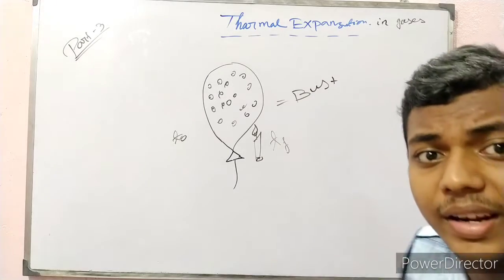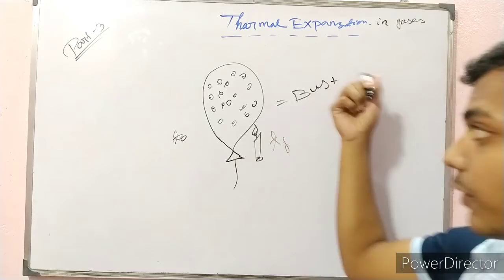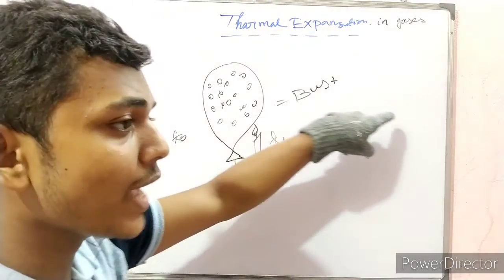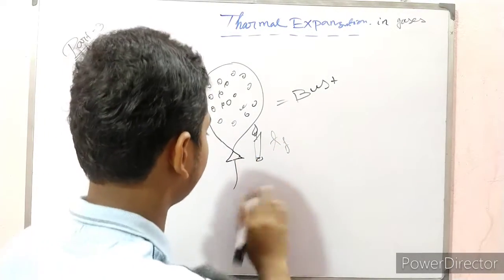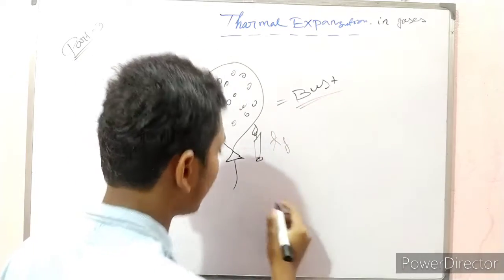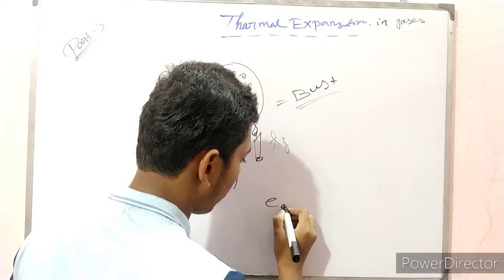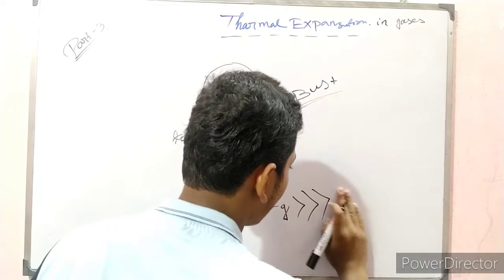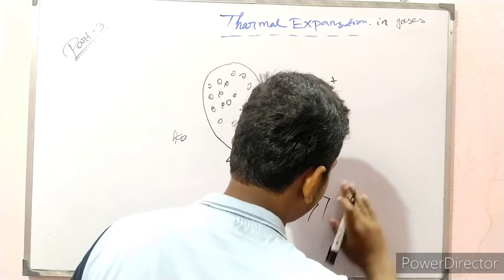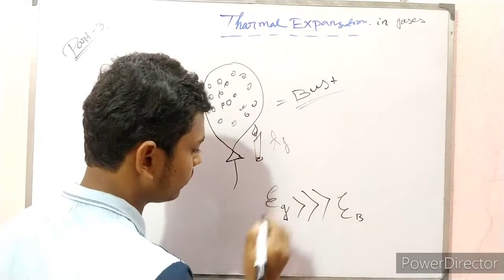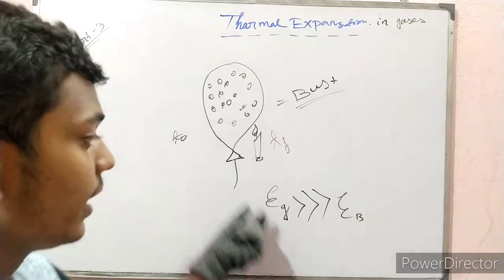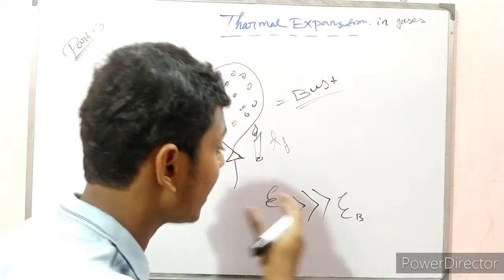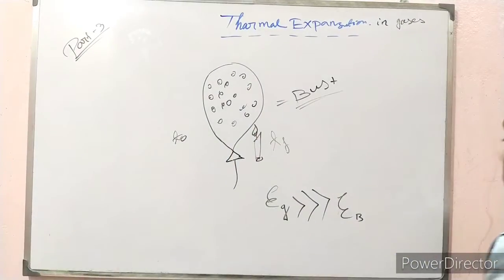At the temperature T final the gases expand and the balloon bursts. The balloon also expands, but the expansion of the gas is huge, larger than the expansion of the balloon.